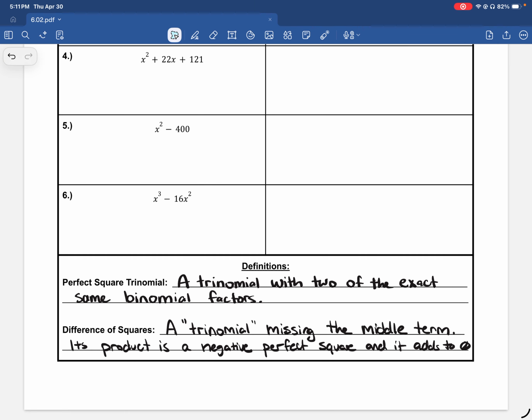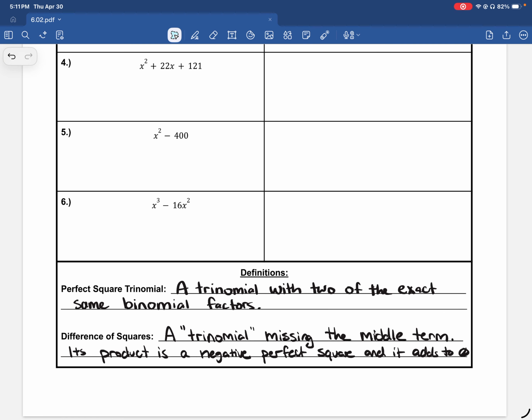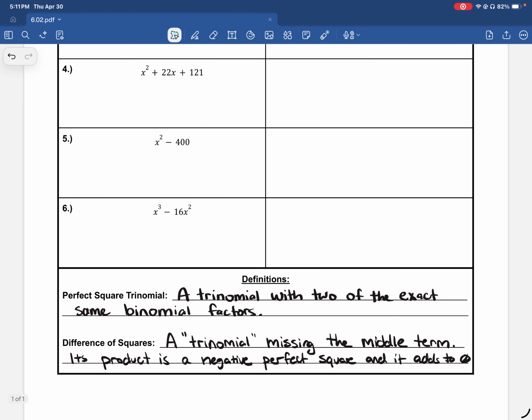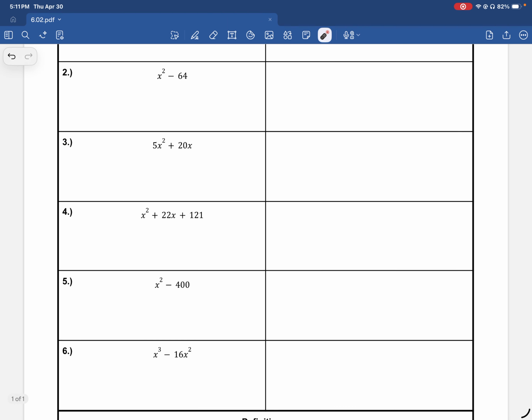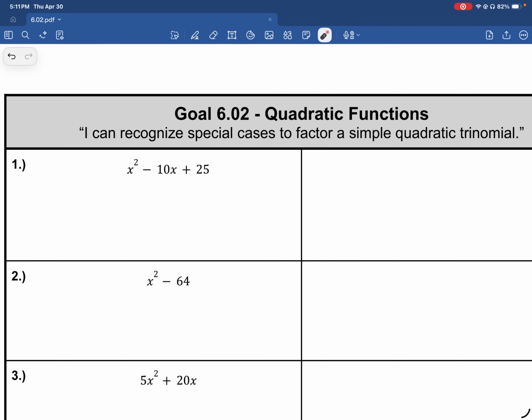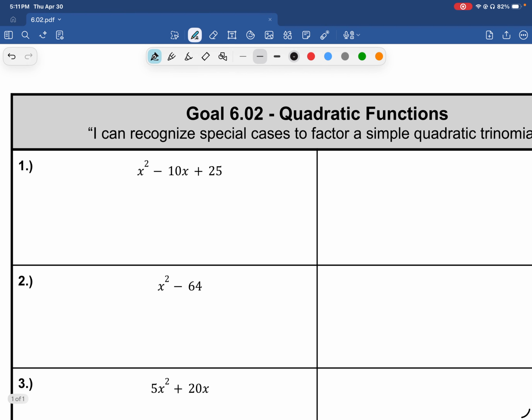So really one thing I want you to focus on is how do you know what is what? How do you know if you've got a perfect square trinomial or the difference of squares? Let's look at a couple of examples together. This first one, x squared minus 10x plus 25, this is a perfect square trinomial.